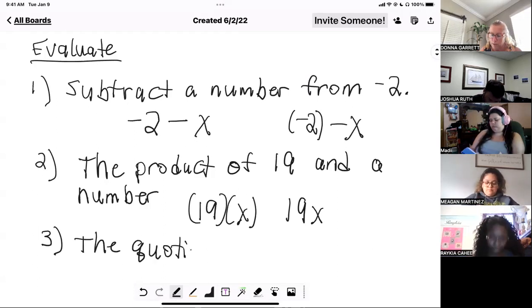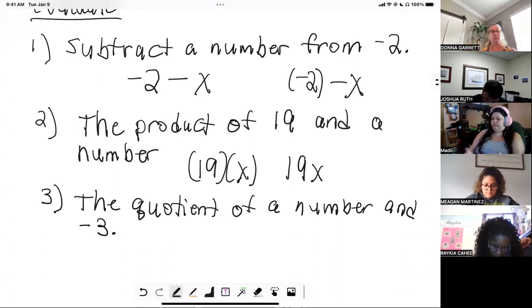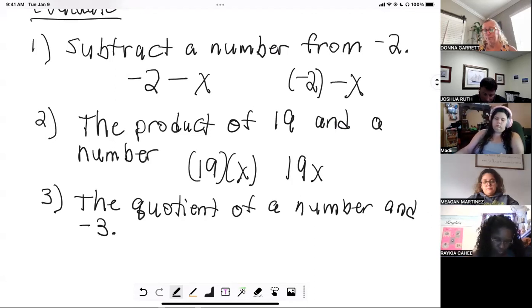3. The quotient of a number and -3. Again, there's a few ways you can write this problem.